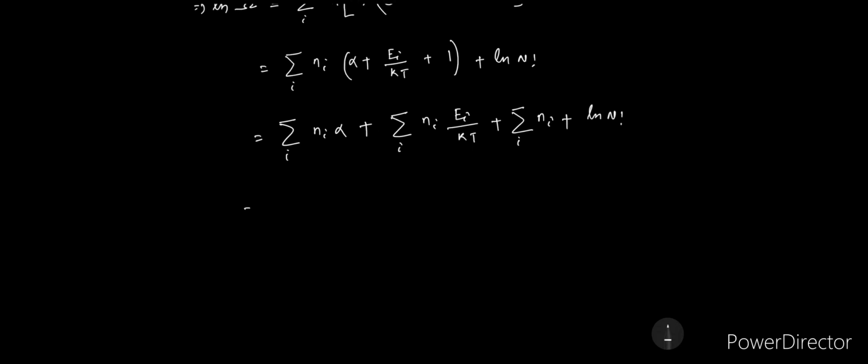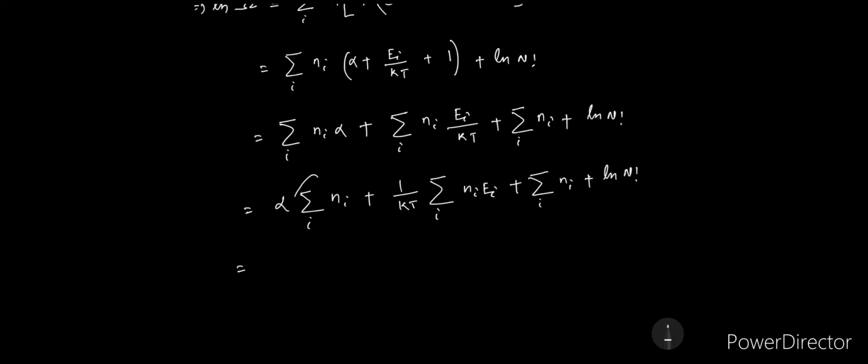Now this will be equal to, here alpha is constant for the summation, let us take it out of the summation, summation of n_i, plus, here 1 by kT is constant, let us take it out of the summation, summation of n_i e_i, plus summation of n_i, which means capital N. So first let us put it as it is, summation of n_i, ln n factorial.